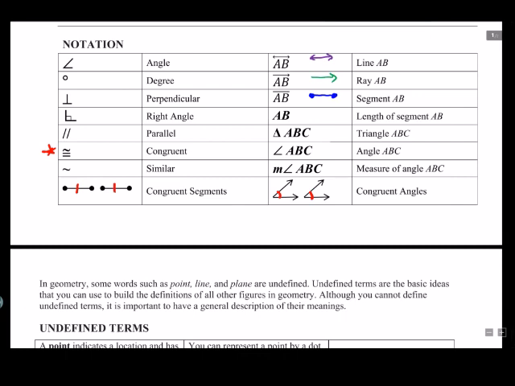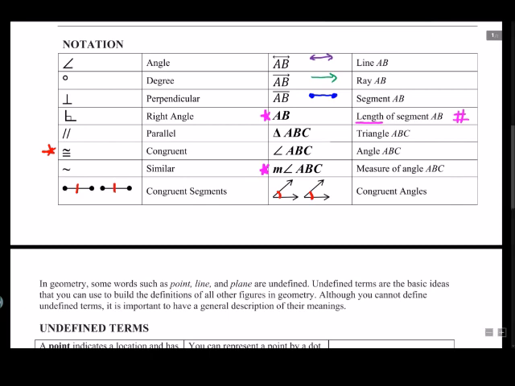Two that I'm going to have you take special note of here are these two here. The first one has AB, but no notation above it. This is read as length of segment AB. And this is special because it is a number. All of the ones above it are describing the figure that we are looking at.